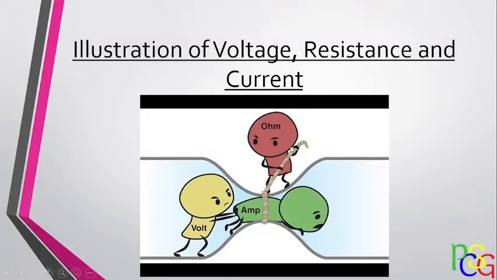So you can see the ohm, or the resistance right here, is literally tying him off and making it harder for the voltage to push, right? So in this relationship, the amp is what is carrying the substance, and the voltage is what's moving it or pushing it or carrying that from point A to point B. That's what the voltage is.